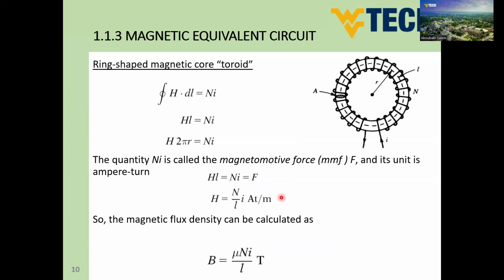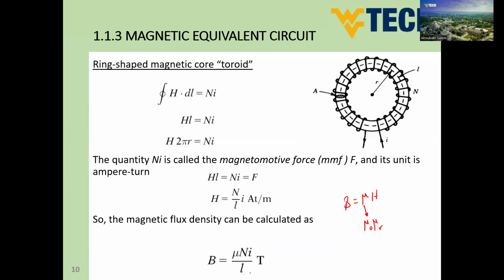If you would like to get the flux density, you know the relation between B and H: B equals mu times H, and mu is mu naught times mu r. So we can say now B equals mu times N divided by L times I, measured in Tesla.